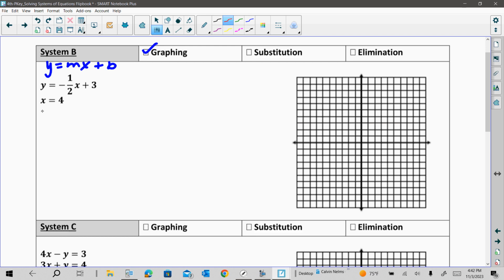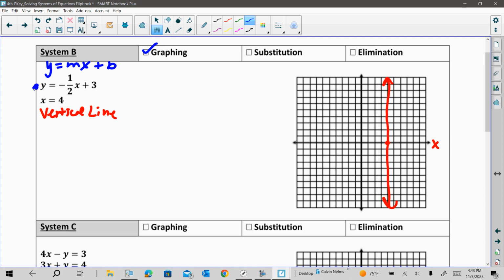If it's x equals 4, this would be a vertical line, because you would go on the x-axis where the 4 is, and then the line would go up and down. So we graph the first equation, negative 1/2 x plus 3, and see if you have a solution, a point of intersection.